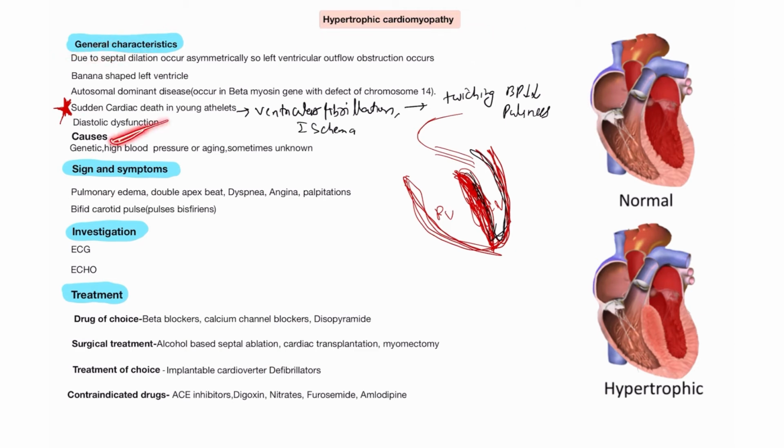What causes hypertrophic cardiomyopathy? Genetic causes. I already said it is an autosomal dominant disease, so genetic causes produce hypertrophic cardiomyopathy.